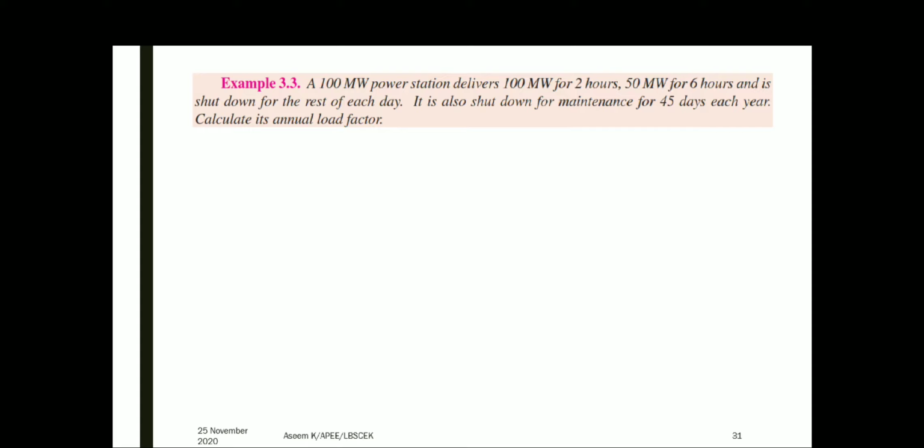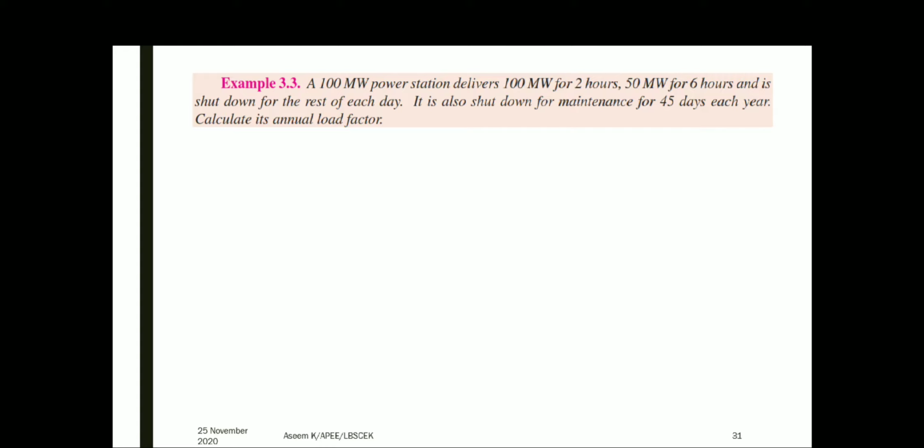First we need to find out the energy supplied for each working day. That is, it is working at 100 megawatt for 2 hours and 50 megawatt for 6 hours. So you can calculate the energy supplied for each working day as 100 into 2 plus 50 into 6.